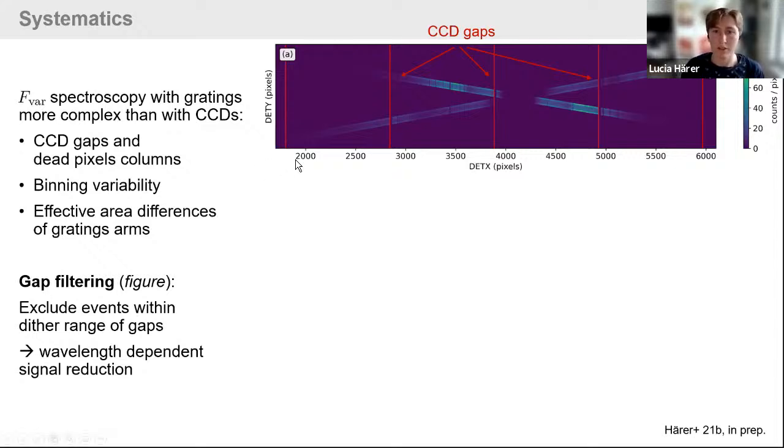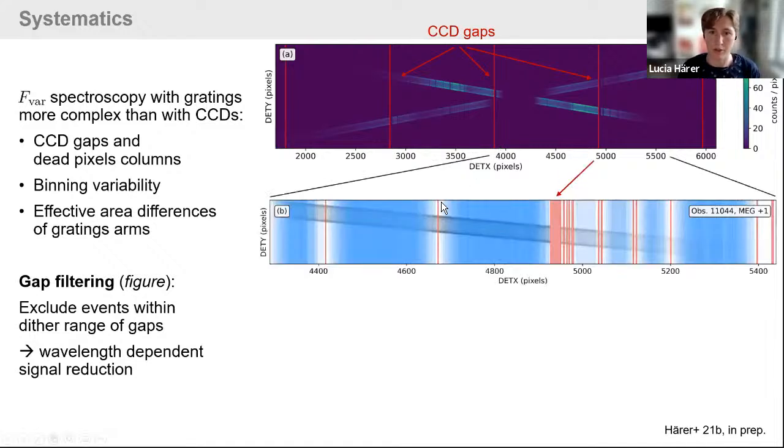What you can see here is data in detector coordinates. The panels here are the individual CCDs of the ACIS detector, and between these CCDs there are gaps. As you can see in the zoom-in, there are also smaller dead pixel columns.